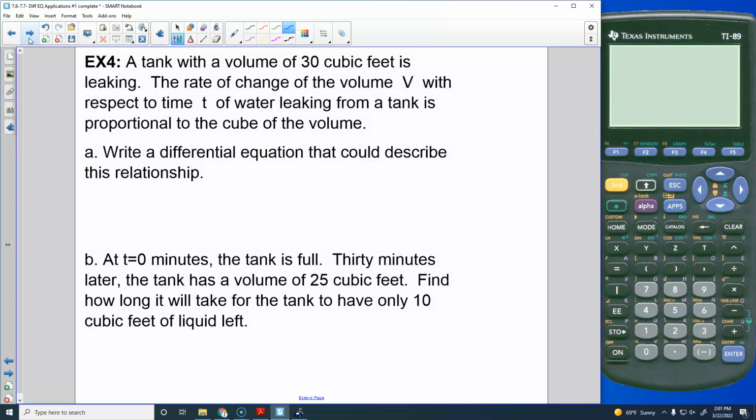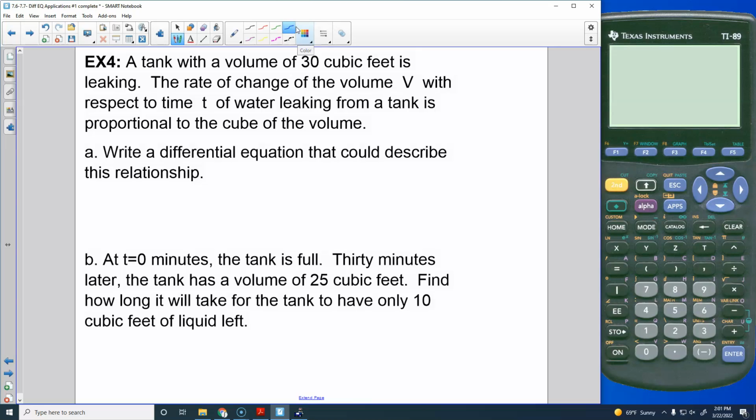The rate of change of the volume with respect to time of the water leaking from a tank is proportional to the cube of the volume. I don't like the word proportional. The first thing we have to do is write the differential equation for this relationship, and then it's going to ask us to solve some stuff about it. But we got to get that differential equation right before we can do anything else.